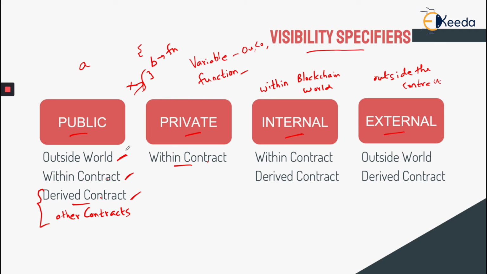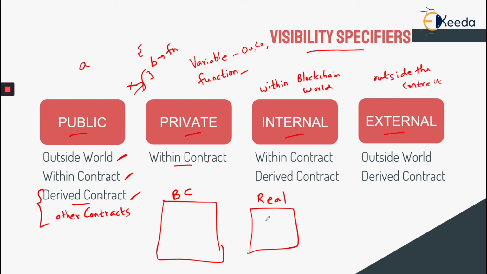Looking at this in a diagrammatic format. Let's say this is the blockchain world, and this is the real world. Now there is some account here. Now I am creating, let's say, public A. What does this mean?